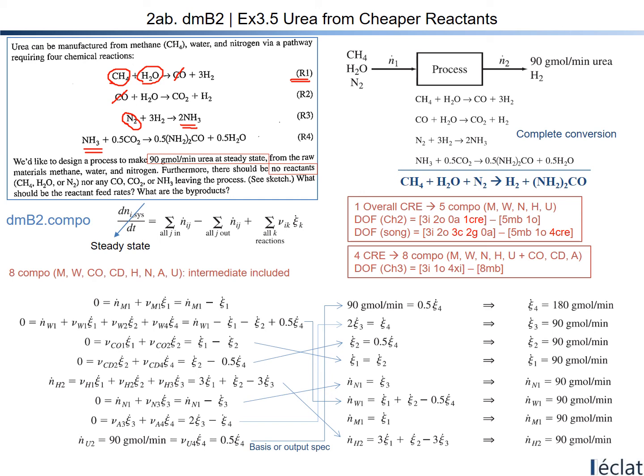So let me try to remove those ammonia from reaction 3 and reaction 4. So multiplying both sides of reaction 4, so 2, 1, 1, and 1.